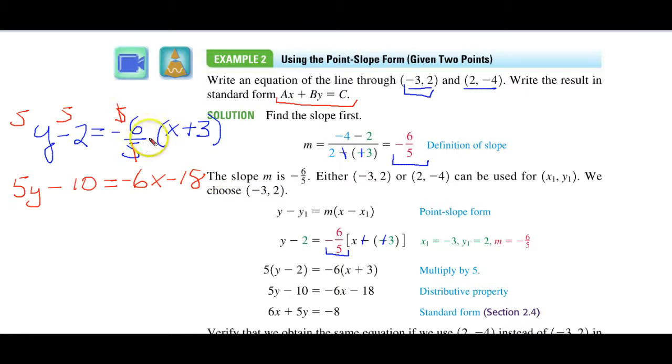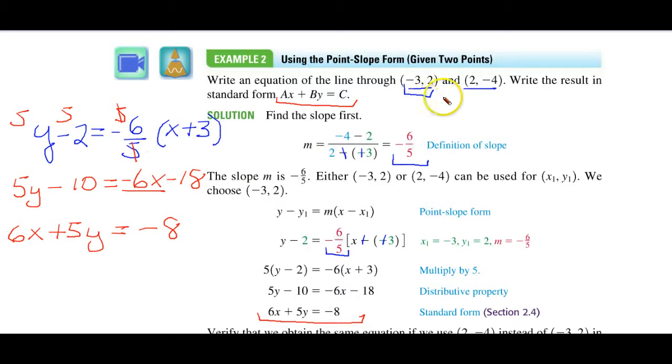And we want to put it in standard form, so we're going to take this term, bring it over to this side as a positive 6x plus 5y. I'm going to bring my negative 10, becomes a positive 10, and now I have my equation in standard form. And you get to see me do it here.